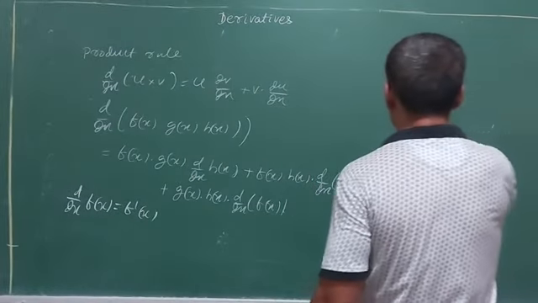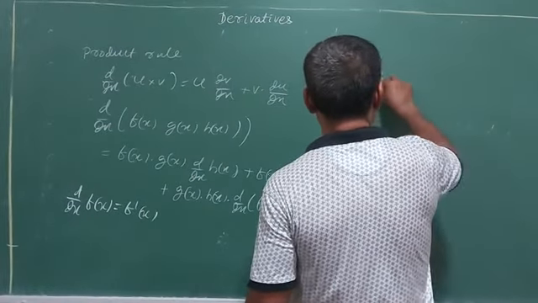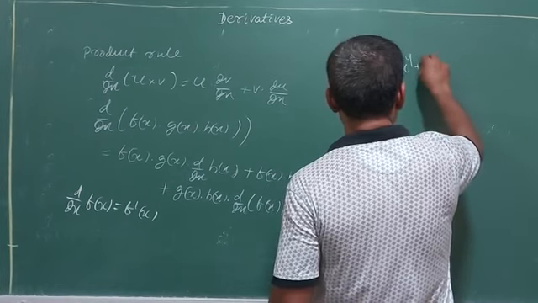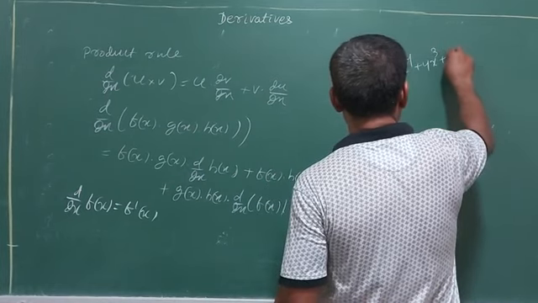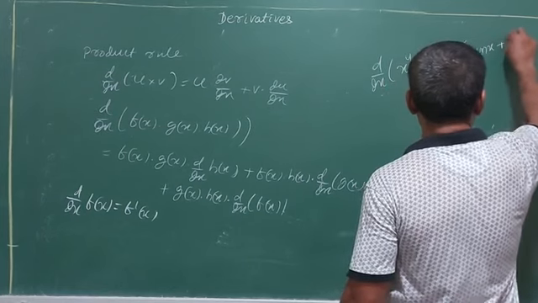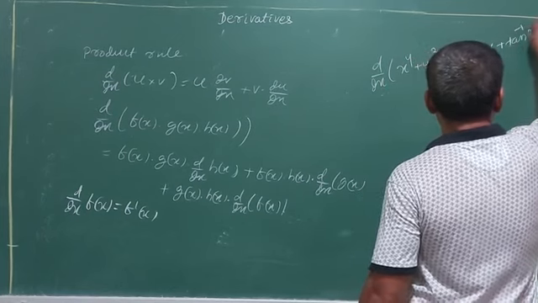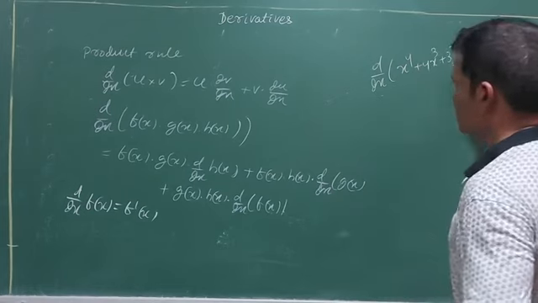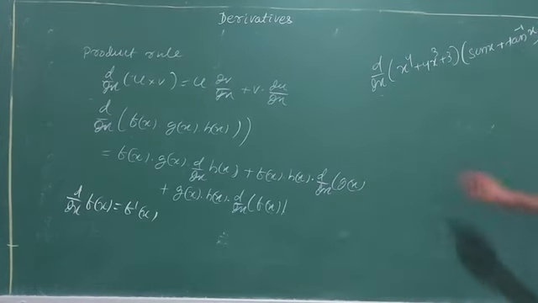How are we going to use product rule? Suppose I get a question like this: dy/dx of x to the power 4 plus 4x cube plus 3, into sin x plus tan inverse x. You can see that these are 2 terms now. This is a variable term, this is another variable term. So keep the first one silent.